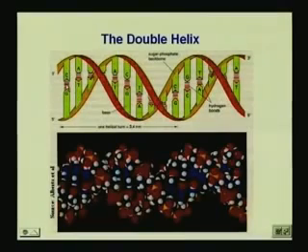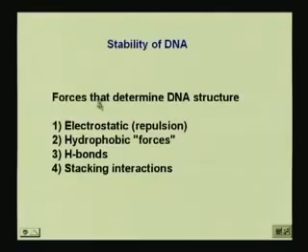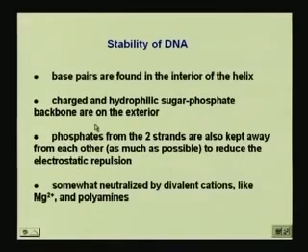In the resulting planarity between the GC and AT pairs, we see a stacking interaction that can be disrupted by any agent that penetrates the region between the bases. So we have these 4 types of forces that determine the DNA structure.